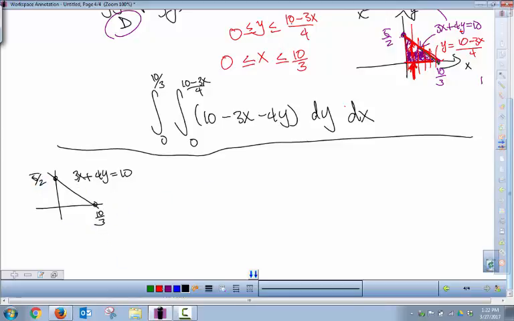So if we were to do this with respect to x first, we would draw a line parallel to the x-axis.